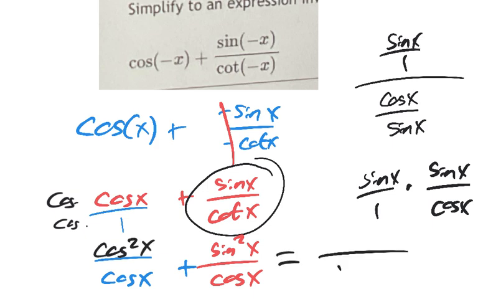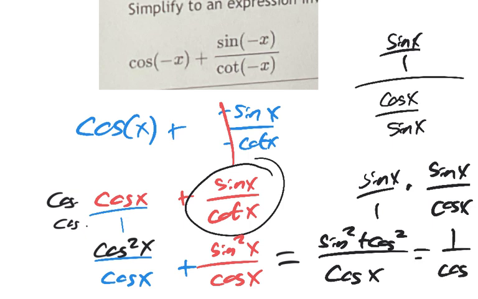Now I have a common denominator, which is cosine, and the numerator is sine squared plus cosine squared. Well, that's the Pythagorean identity. Sine squared plus cosine squared is 1 over cosine. 1 over cosine is secant. So this whole thing is secant.